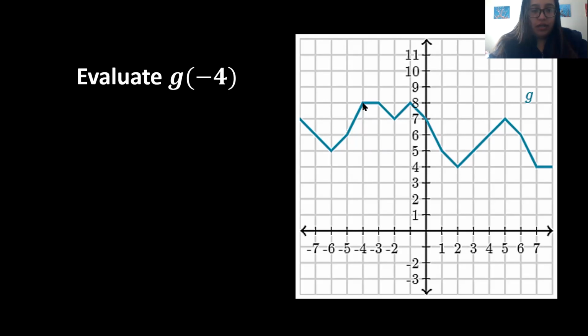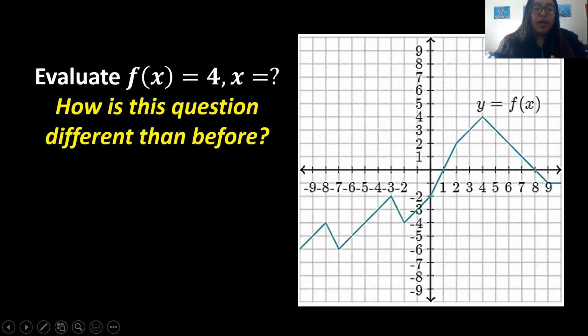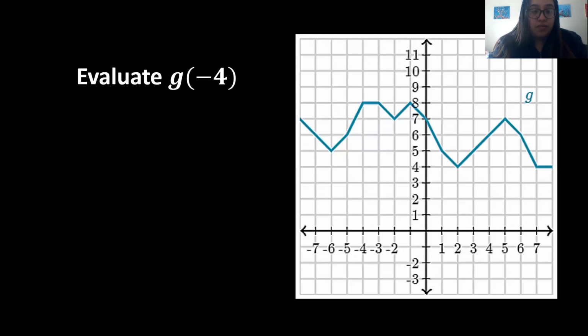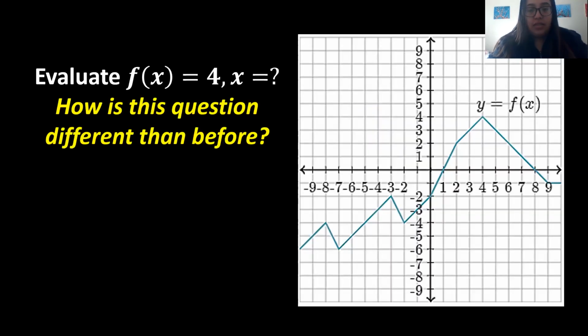All right. Next question. Evaluate f of x equals 4, x equals blank. How is this question different than what we did here? So here I say g of -4. Here I'm saying f of x is 4. How is this question different than what we just saw?